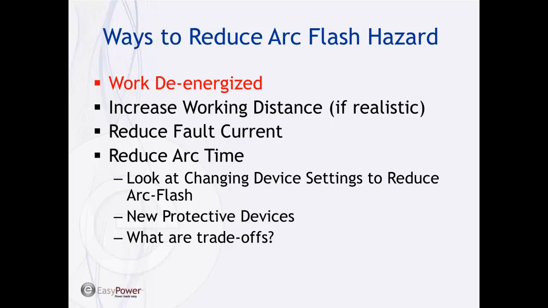You can reduce the arc time in many ways, but within the software, the method that's used is basically adjusting trip device settings and putting in new trip devices by retrofitting your existing equipment. Then we'll also look at some of the trade-offs that are necessary.